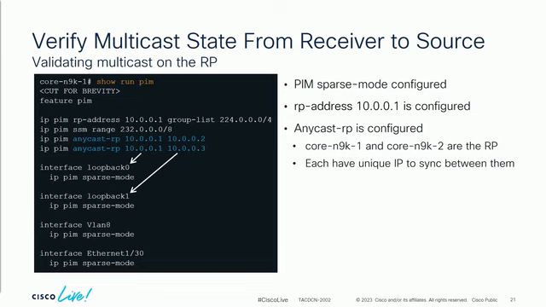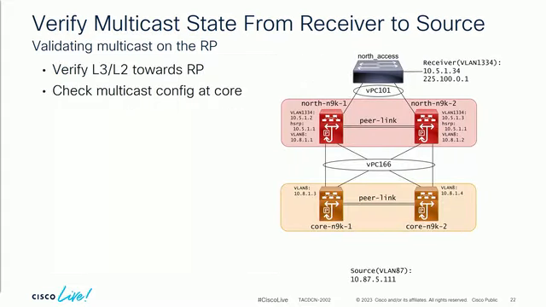If we were to look at loopback 1, one switch would have one IP and the other one would have the other IP. This unique IP is used to sync RP-related information about the sources between Core 1 and Core 2. All right, so let's look at the mroute table on Core 1 and Core 2.